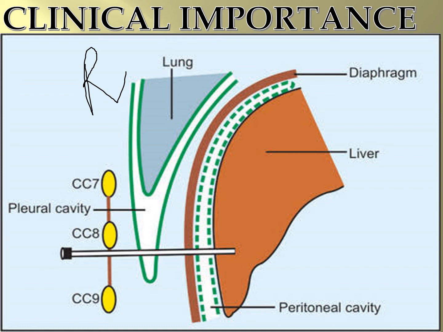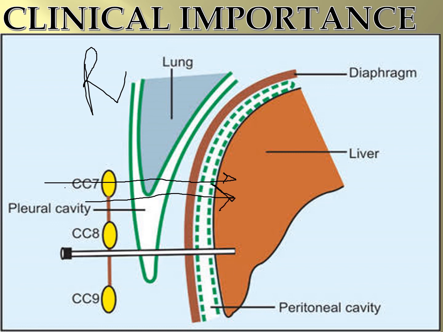Why? Because it's transversal for the pleural and the peritoneal cavity. So as a result, it's not going to harm any part of the body. It's not going to pierce the lung. You can't randomly pass the needle from anywhere. If you pass the needle from here, it will damage the lungs. If you pass the needle from here, it will damage the pleura.